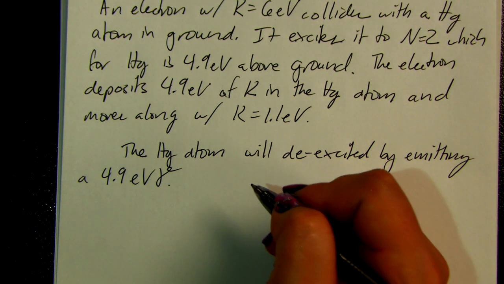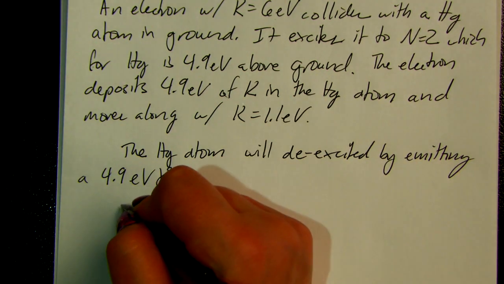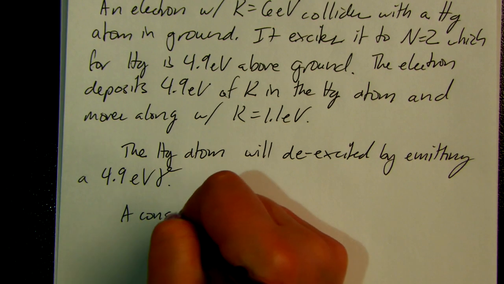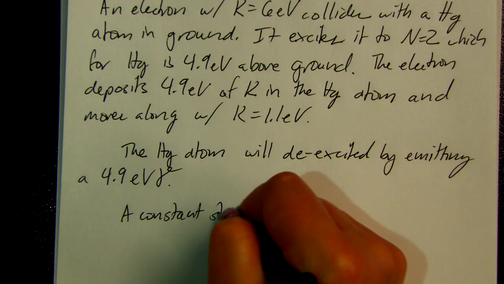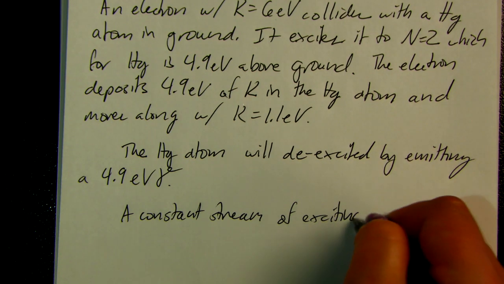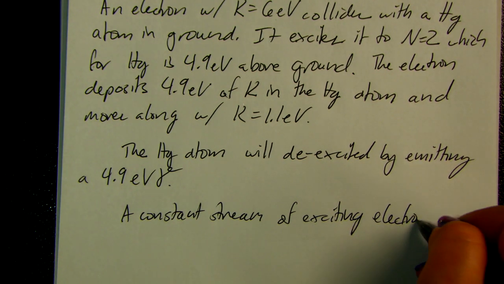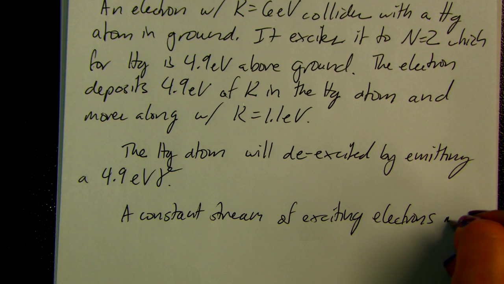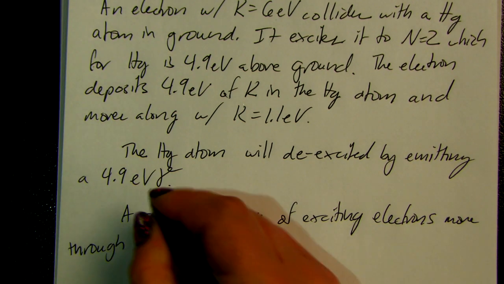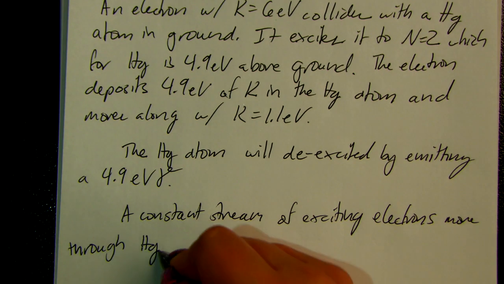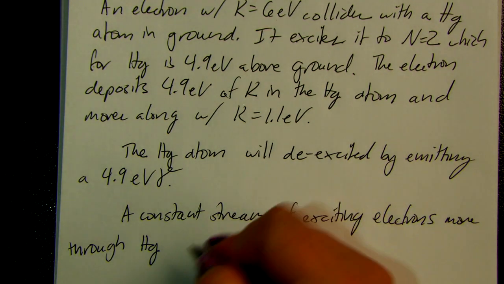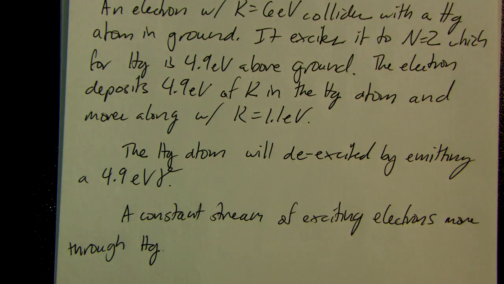And to prevent de-excitation, you could have a constant stream of exciting electrons move through Hg, and then you could keep it in its excited state. But once you stopped exciting it, it would de-excite through emission.